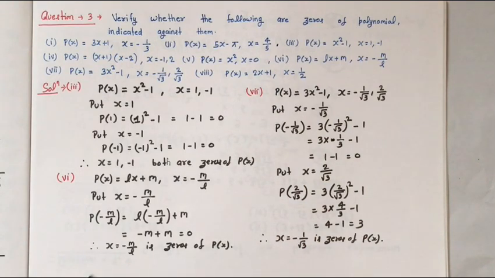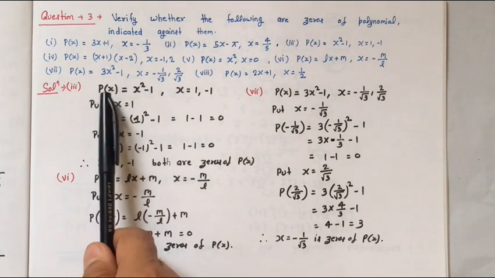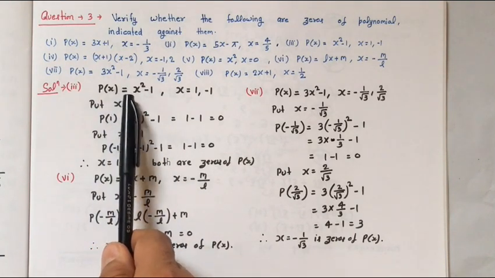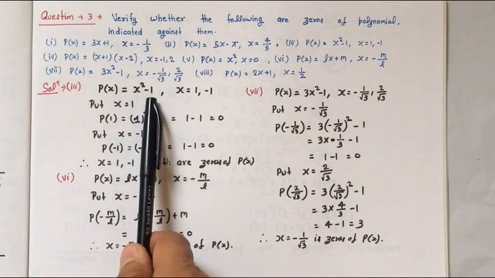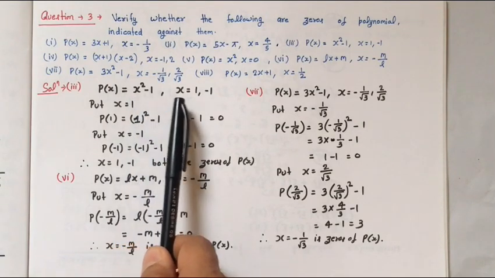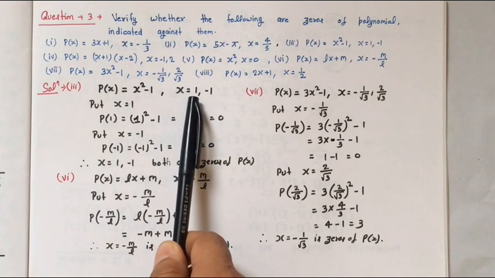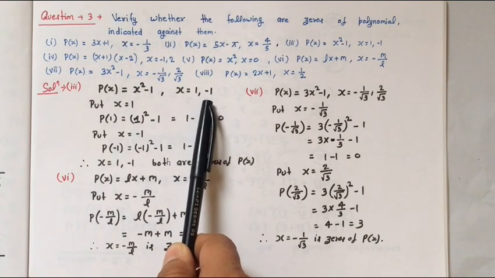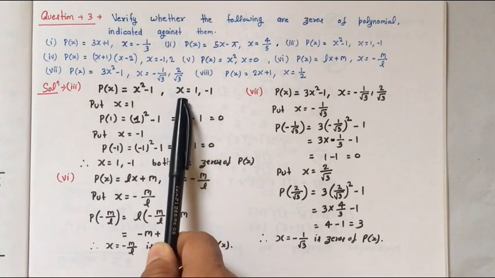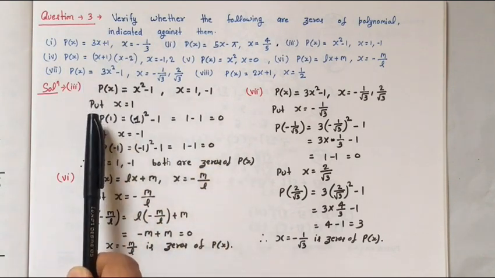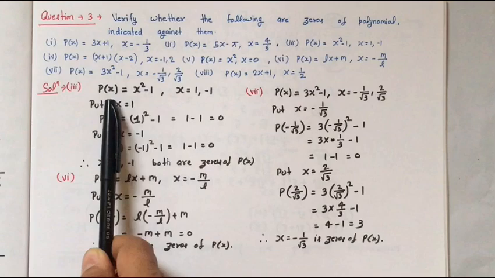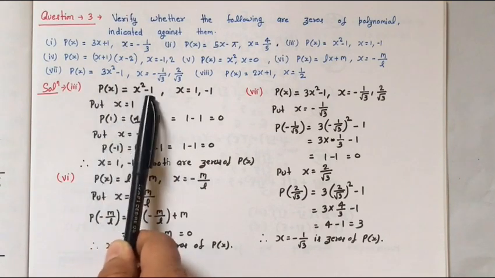In the third one, look here, the polynomial is given that p of x is equal to x square minus 1, and you have to verify 2 values of x: x is equal to 1 and minus 1. So first of all take x is equal to 1, put x is equal to 1 in the given polynomial p of x.